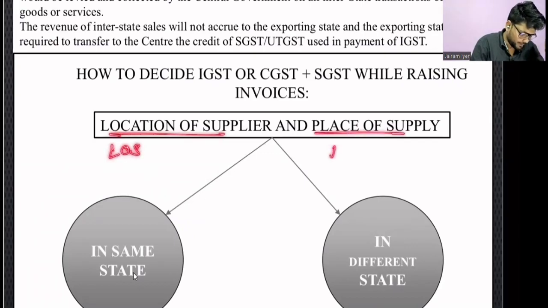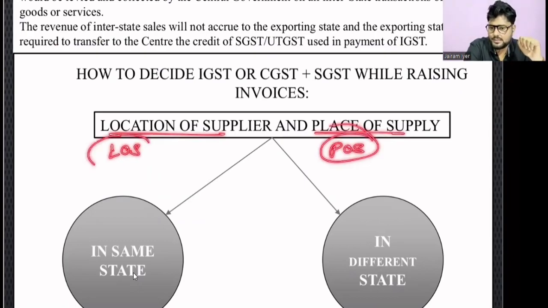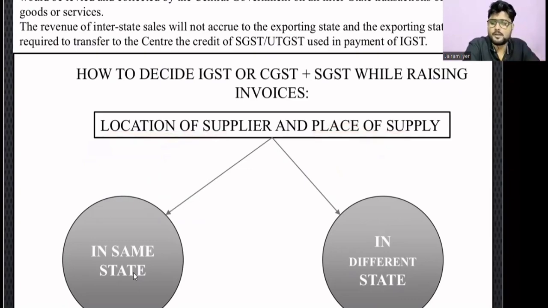Correct. So if LOS and POS are in the same state, then what is it and which tax will be levied? That is intrastate, and CGST and SGST. And if they are in two different states? Interstate and IGST.